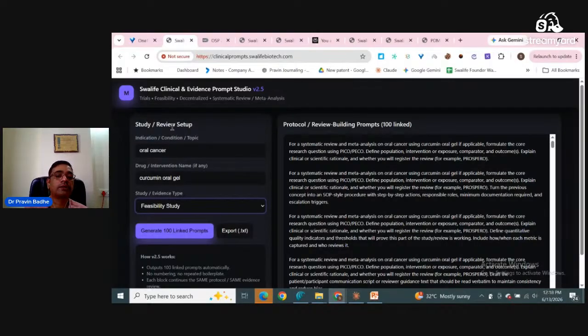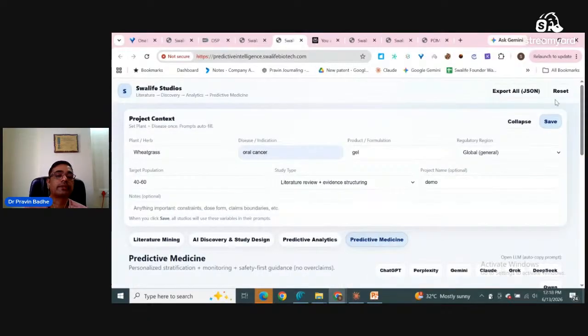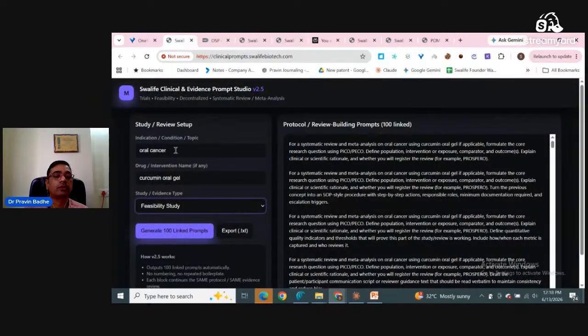You can put feasibility. You can select feasibility study. You will add. So what was our was wheatgrass. So wheatgrass and oral cancer. So oral cancer is already there, and I will be going for gel prepared with the wheatgrass.